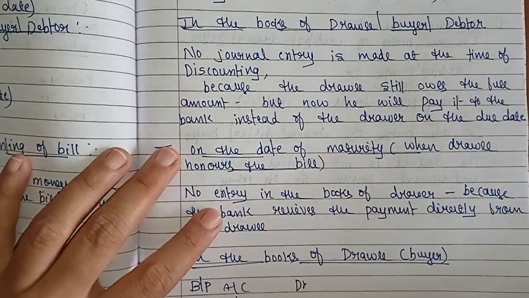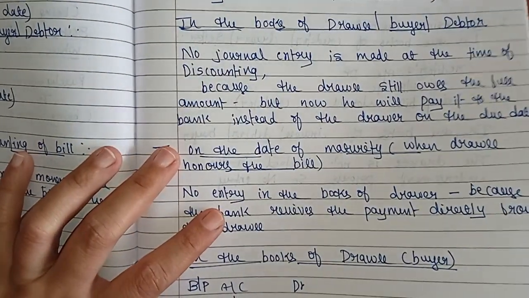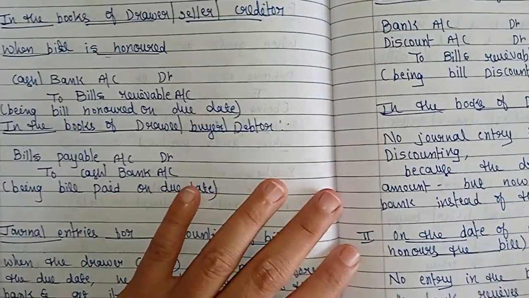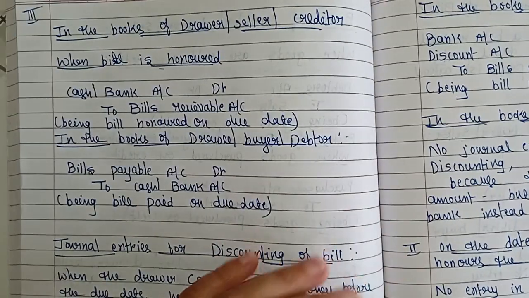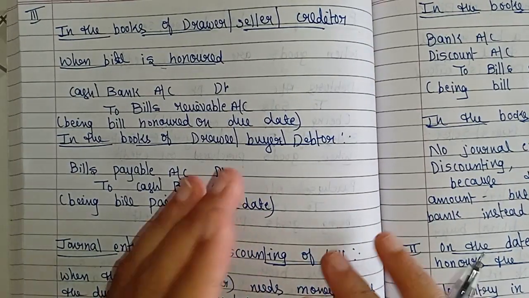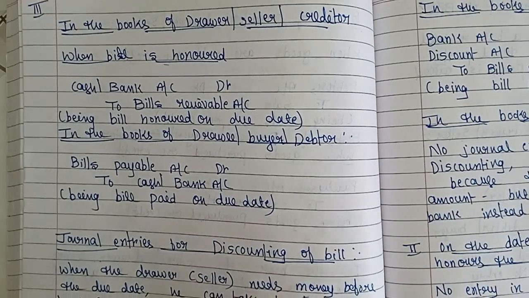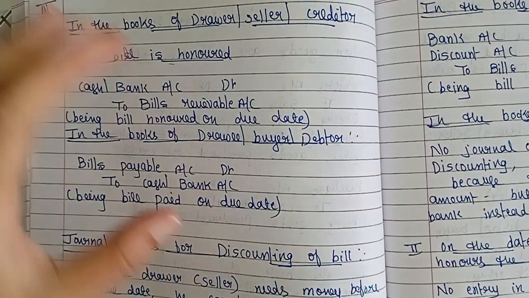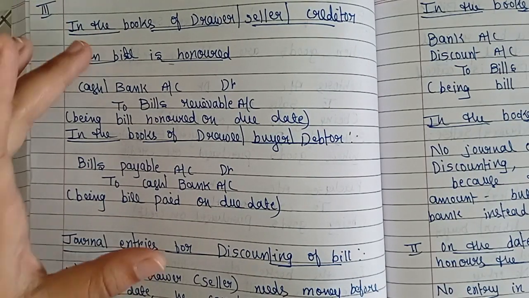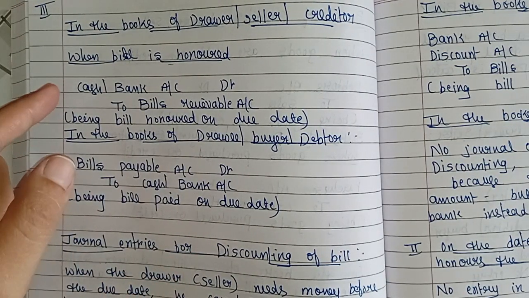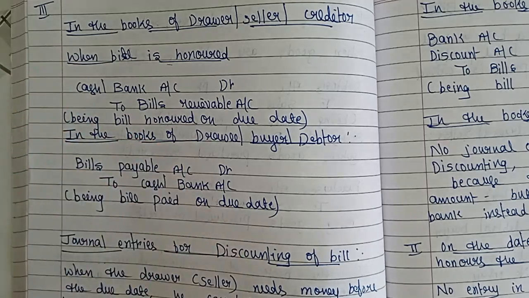And in the third case, the drawee pays the full amount on or before the due date to the drawer. So these are the journal entries in the books of drawer and in the books of drawee. Clear? Till here it is clear, right?